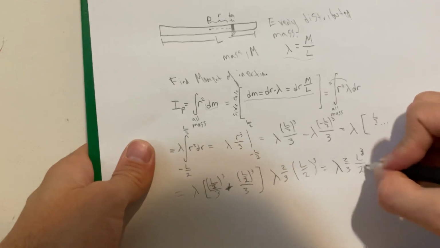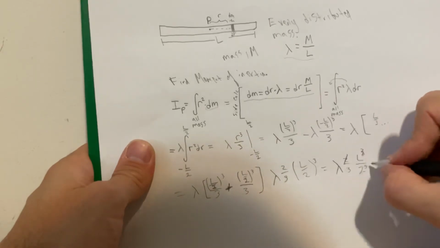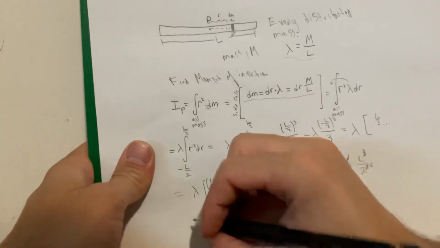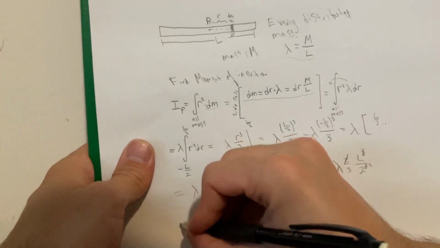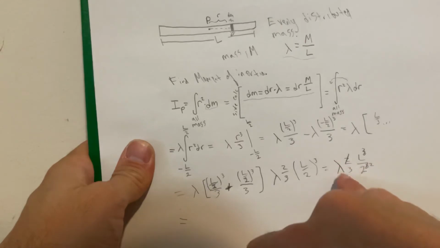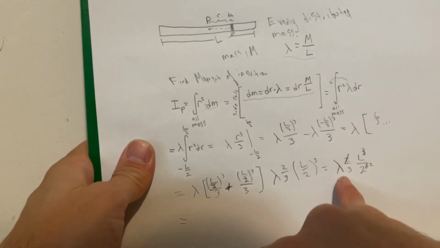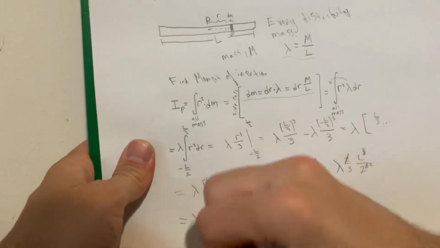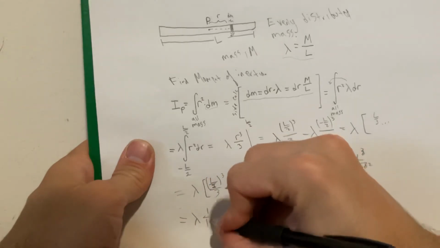I'm just going to write it as 2 to the third, because then we can easily show how we can cancel that out. And that takes us down here. Almost done with the problem. What do we have? We've got lambda, we've got a 3 here, we've got 2 squared, that's a 4. So 3 times 4 is 12. So we've got lambda times 1 over 12 times L cubed.